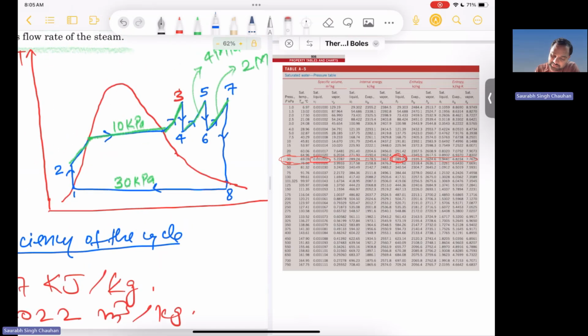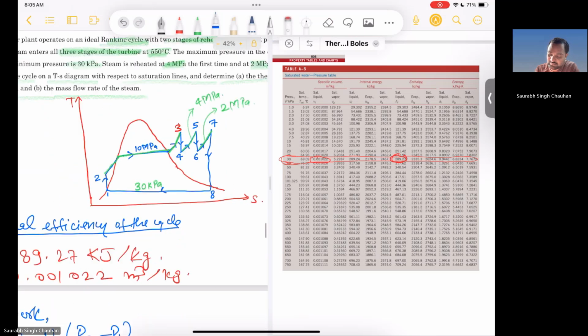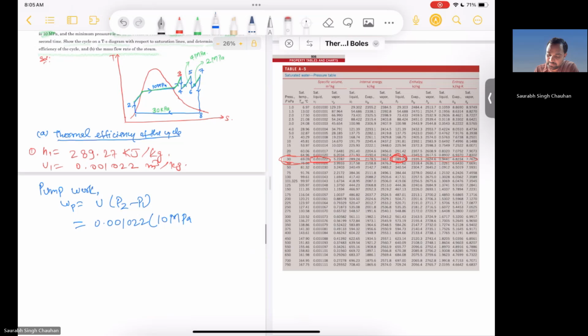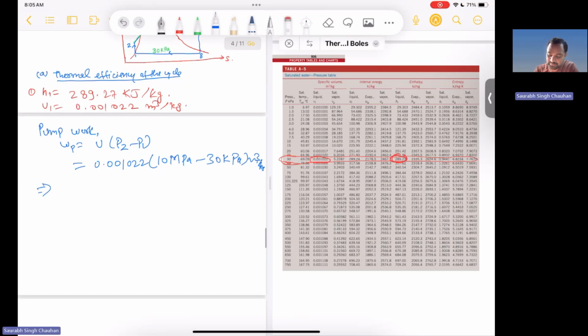Sorry, this is 10 megapascal, minus 30 kilopascal. If you calculate this value, it will come out to be, I'm writing the final value. You please do your calculation and check if you are getting the same value or not. If there is any mistake, just let me know. So this is the pump work.